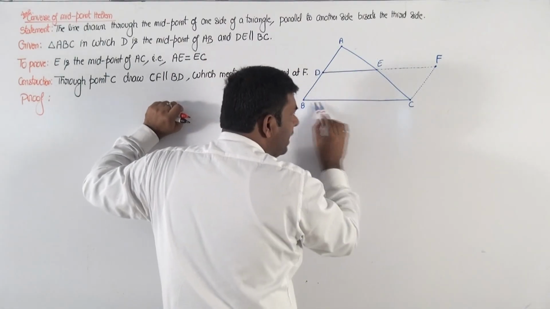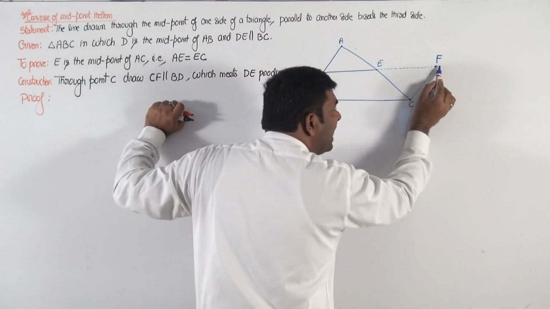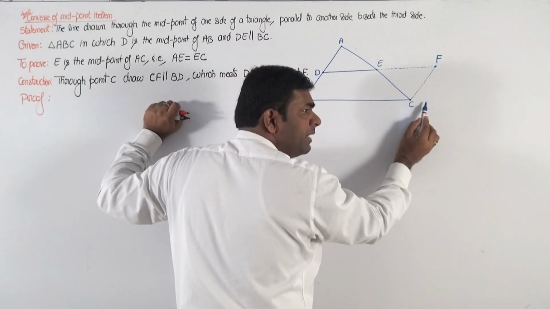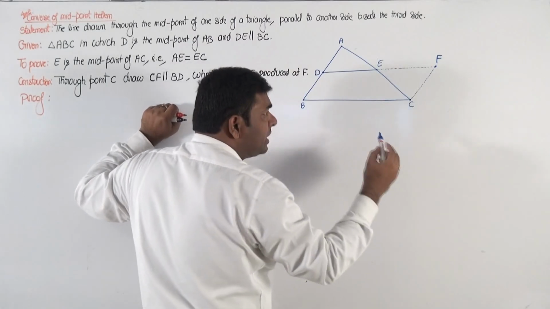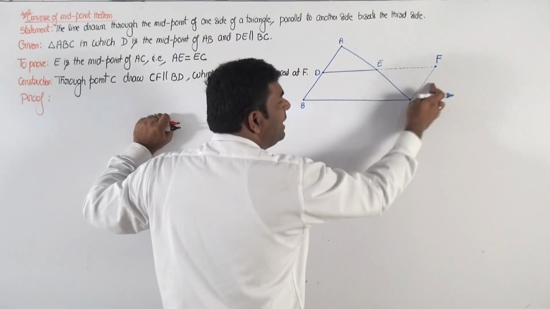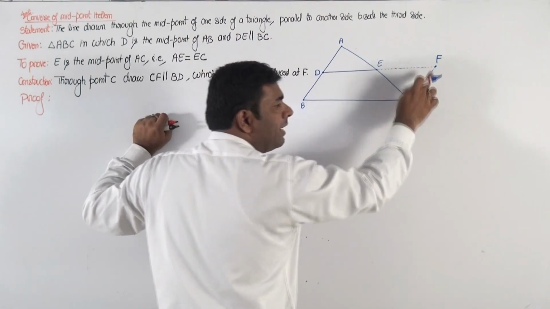These two are parallel. That is given. And by construction, CF and BD are parallel. मतलब ये दोनों parallel है.